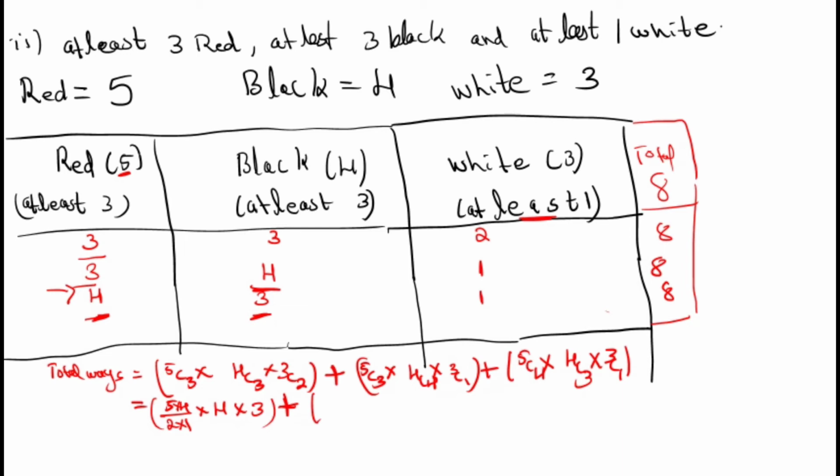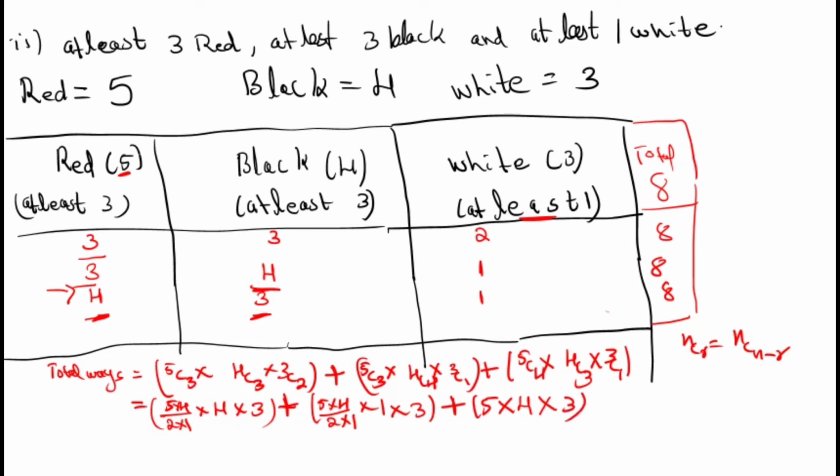Just use the formula nCr is equal to nC(n minus r). 5c3 you can write as 5c2, that is 5 into 4 by 2 into 1, into 4c4 value is 1, into 3c1 value is 3, plus 5c4 it's equal to 5c1, its value is 5, into 4c3 equal to 4c1, its value equal to 4, into 3c1, its value is equal to 3.